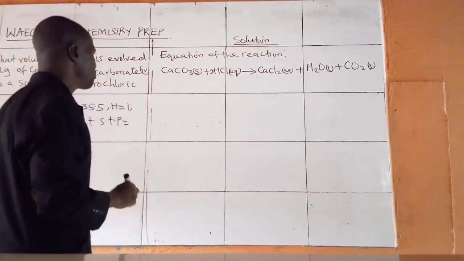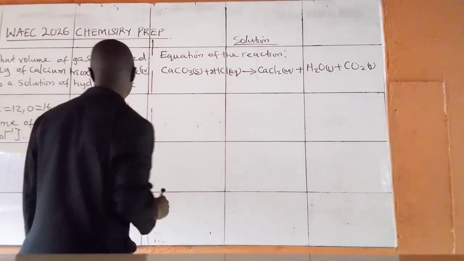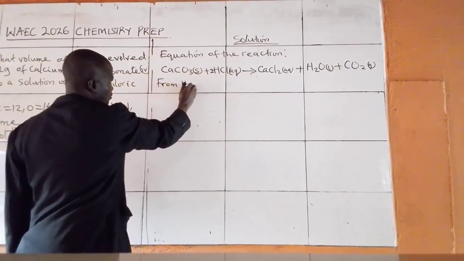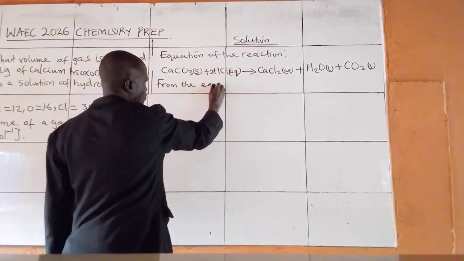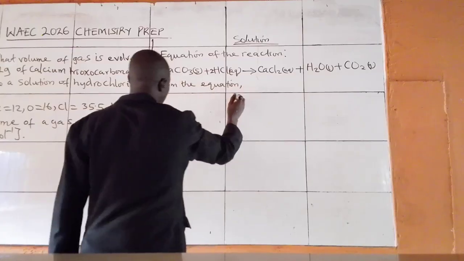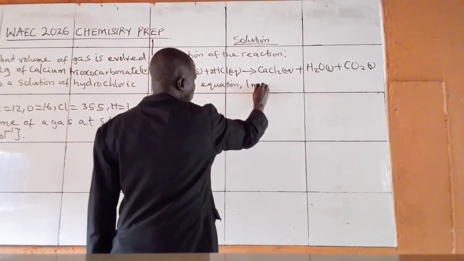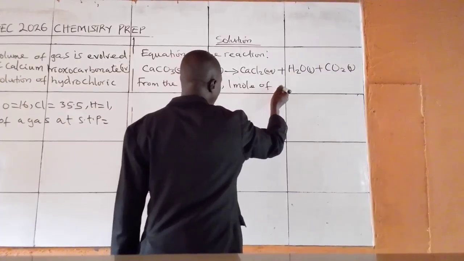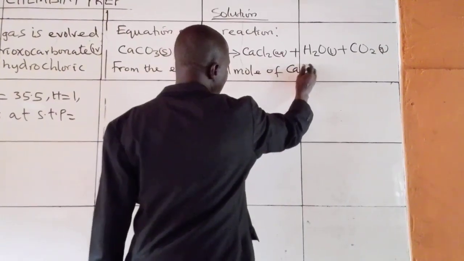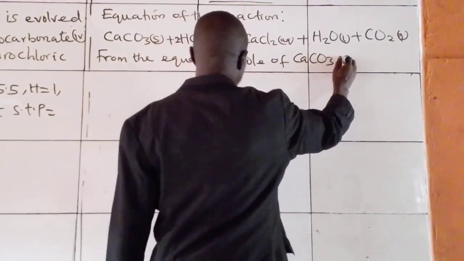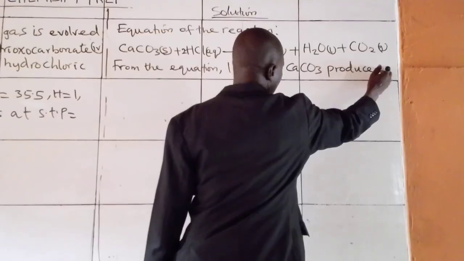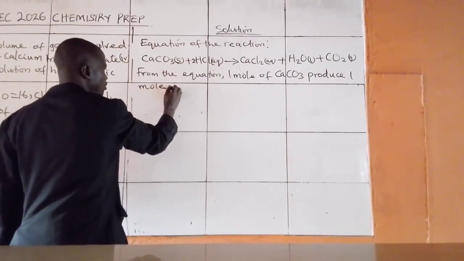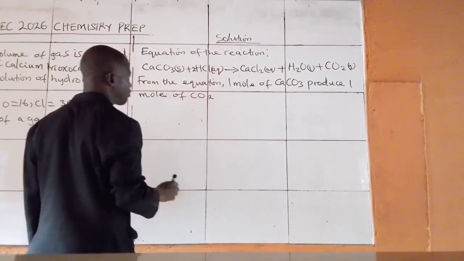Now, the equation is balanced. Now, from the balanced equation, one mole of CaCO3 produces 1 mole of CO2, that is carbon(IV) oxide.